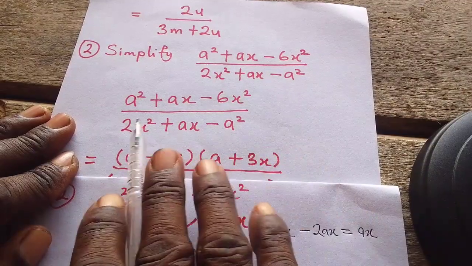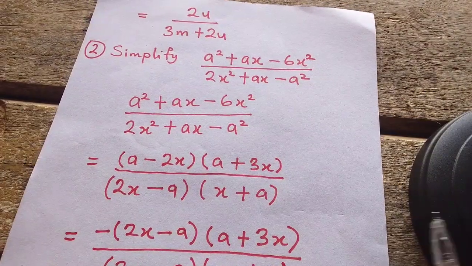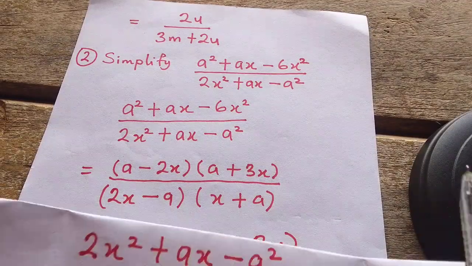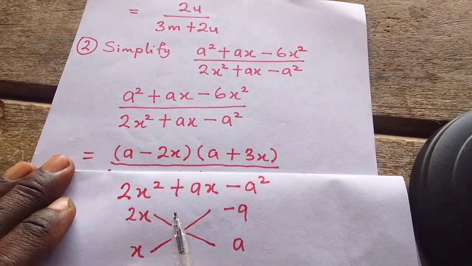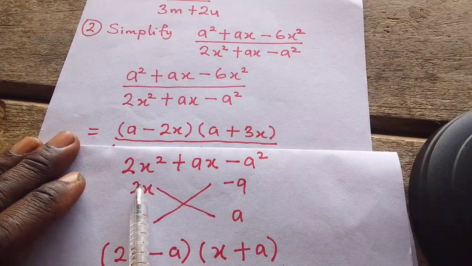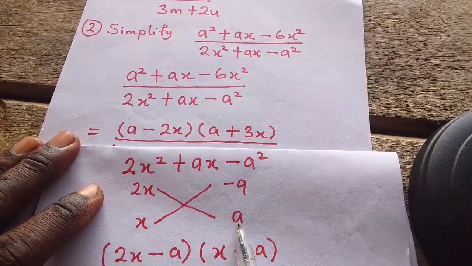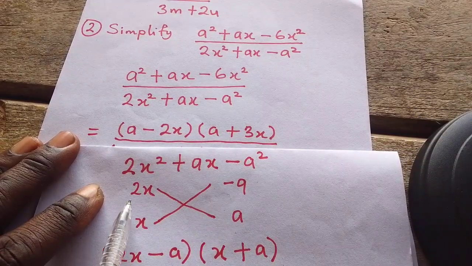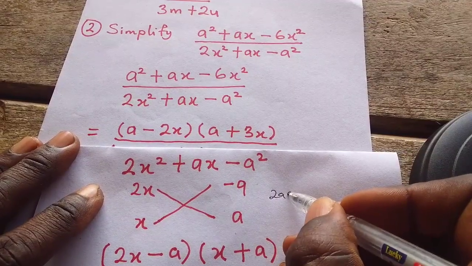Also for the denominator, you are going to factorize the denominator. When you factorize the denominator, you are having 2x squared plus ax minus a squared. Now 2x times x will give us 2x squared, minus a times a will give us what? Minus a squared. Let's check if it will give us what is in the middle. 2x times a will give us 2ax.